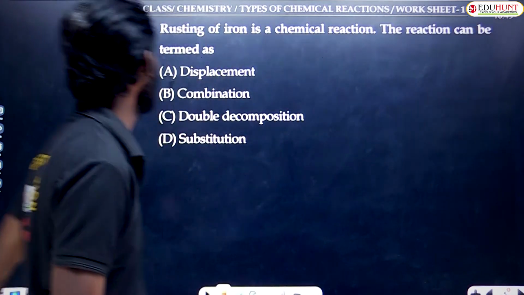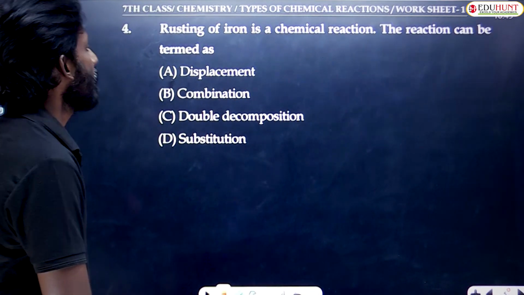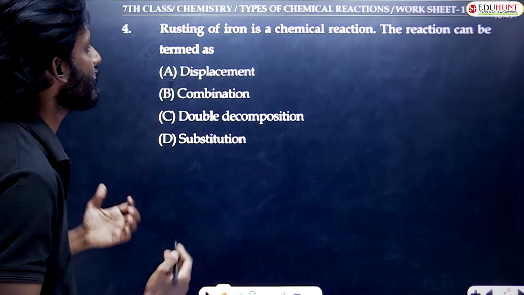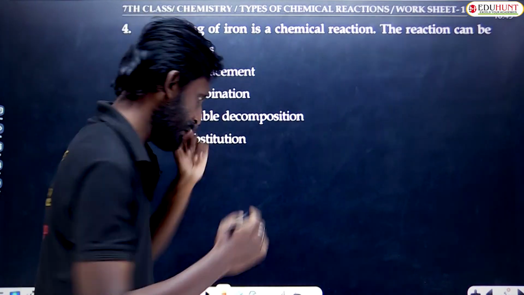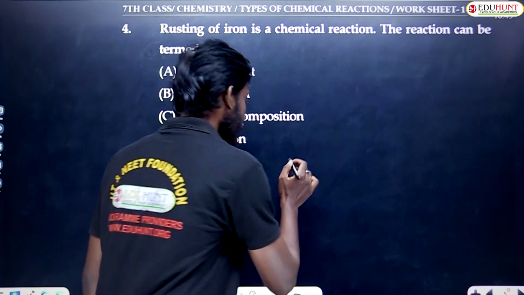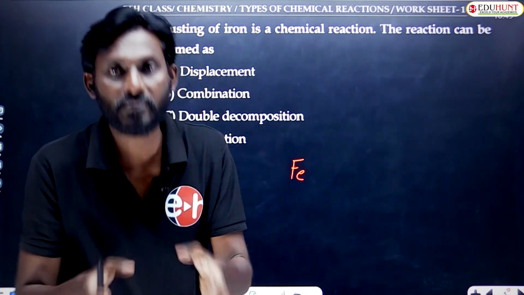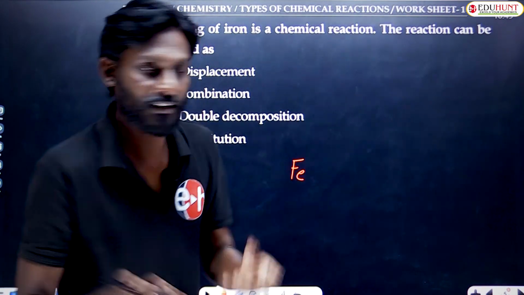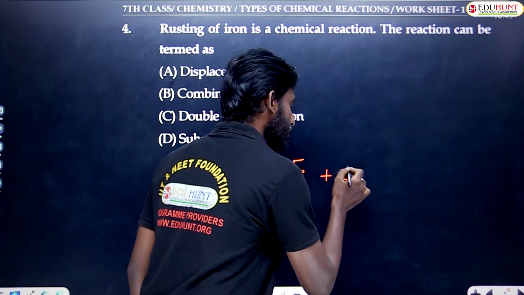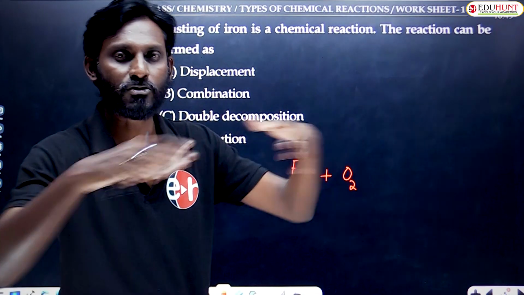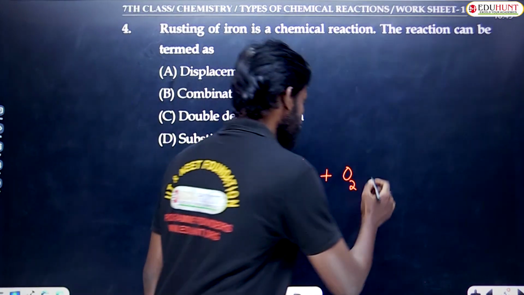Next, rusting of iron. Rusting of iron is a chemical reaction. The reaction can be termed as, see, in rusting of iron, what happens? Iron atoms from the iron material combine with oxygen from the atmosphere in the presence of a catalytic acidic medium.